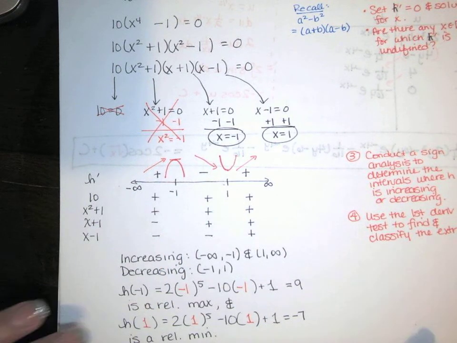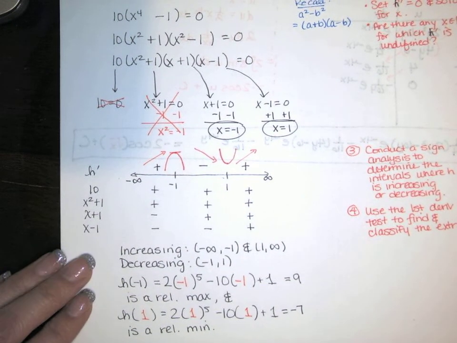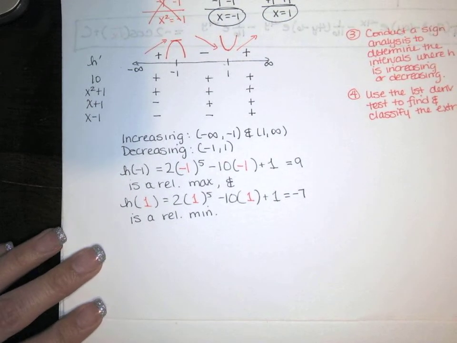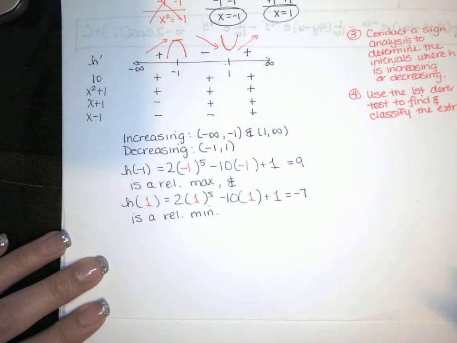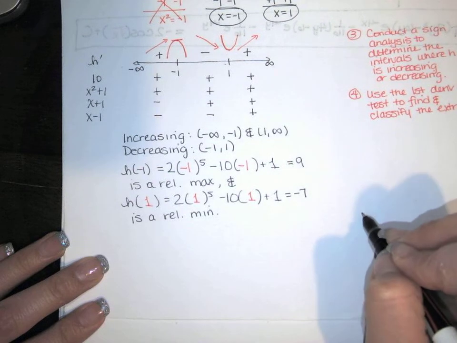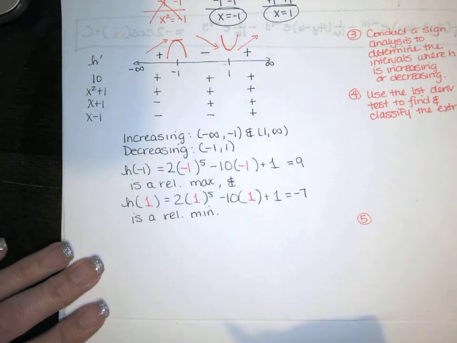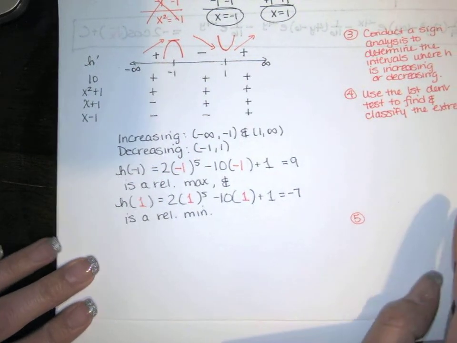I want to determine the intervals where the function is concave upward or concave downward. Well, to do that, we're going to make a sign chart, and we'll do a sign analysis, but for the second derivative.